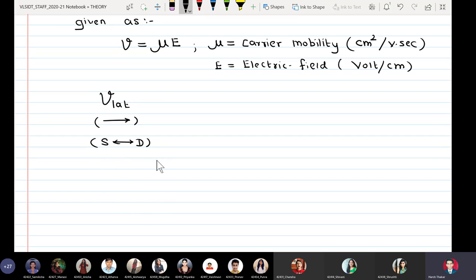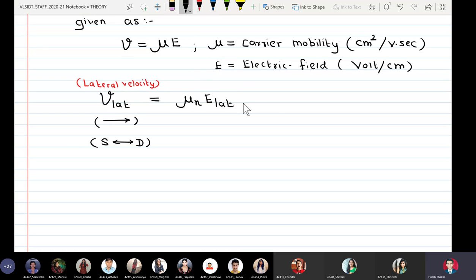So you know that the direction of flow of conventional current is opposite to the direction of flow of charge carriers. When we say lateral velocity v lat, it is equal to mu n into the lateral electric field.